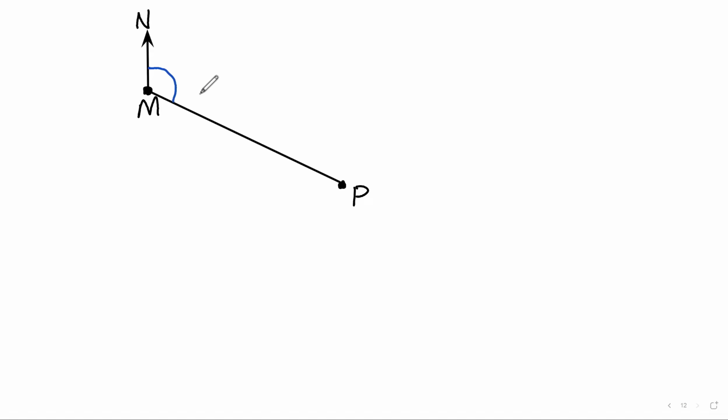That's obviously more than 90. So let's say this angle is 110 degrees. I can say that P is on a bearing of 110 degrees from M.